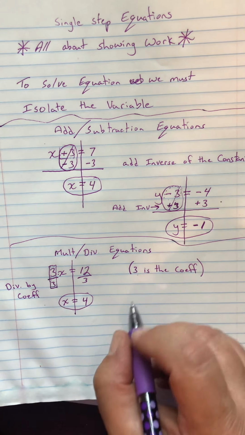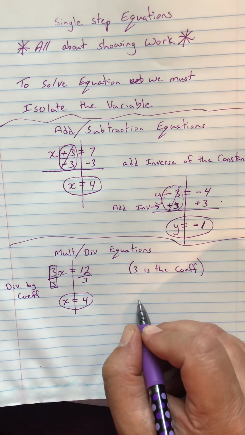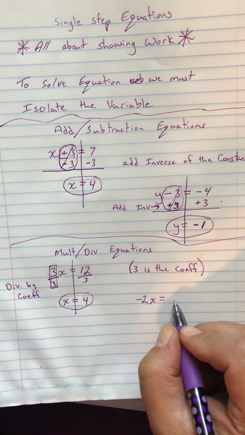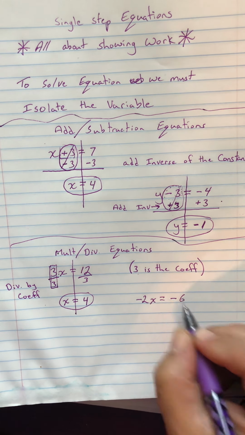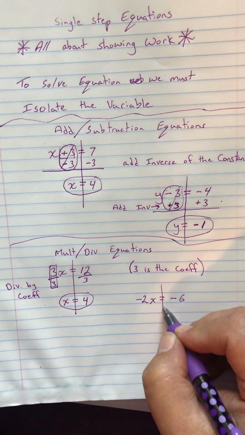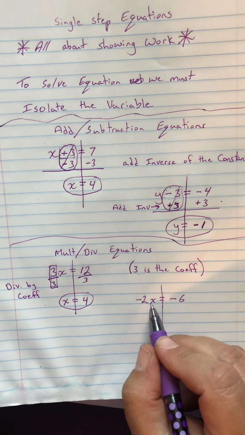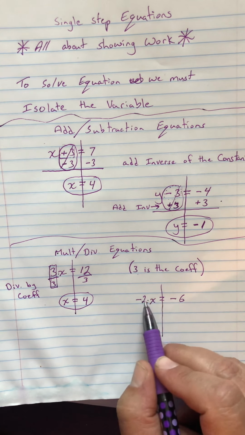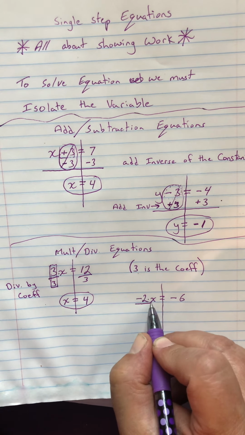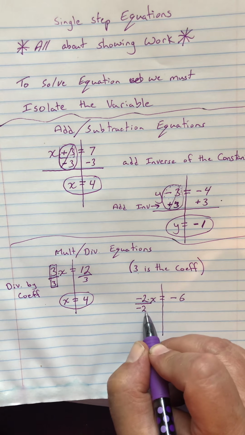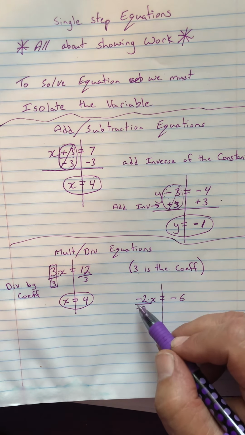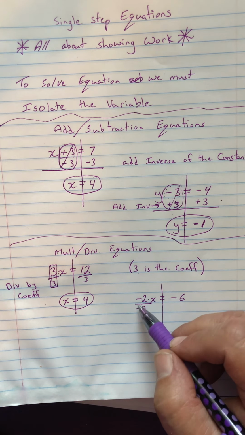So if we have a coefficient, and it doesn't matter if it is a positive or a negative, you always divide by the exact coefficient. Here is the coefficient of -2, so I'm going to divide by -2. The reason we always do the exact is so that the signs are the same, because a negative divided by a negative is positive.